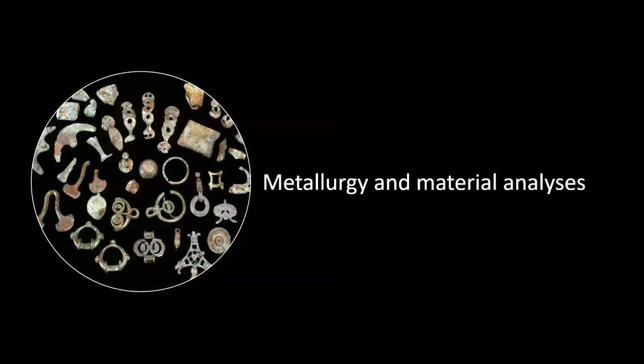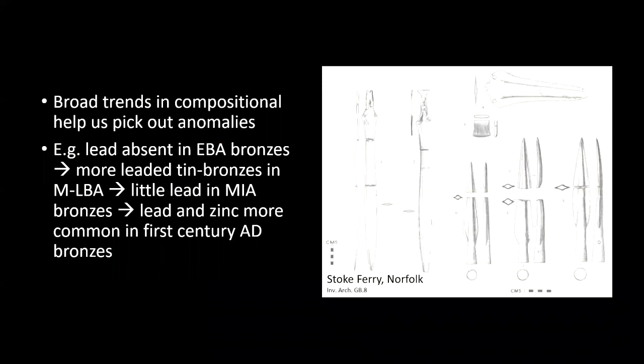A less well-researched area, or rather a less exploited area of study in this regard, is metallurgy and material analyses. For a long time, we've been aware in the Bronze Age and Iron Age of broad trends in compositional properties that help us pick out anomalies.